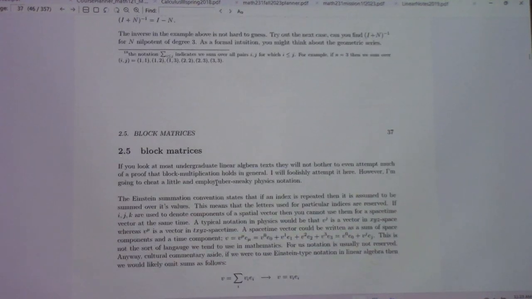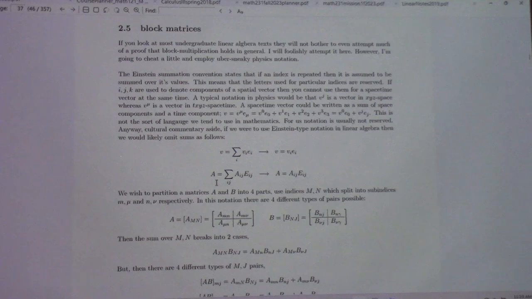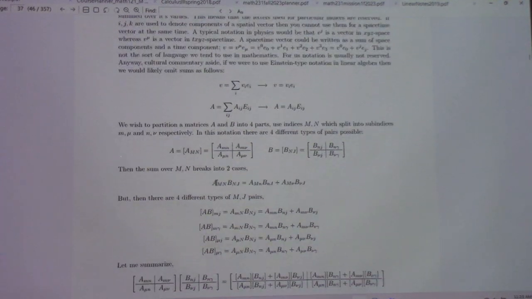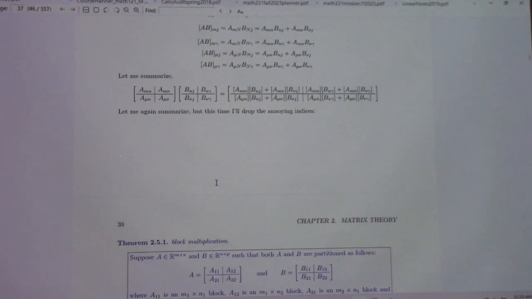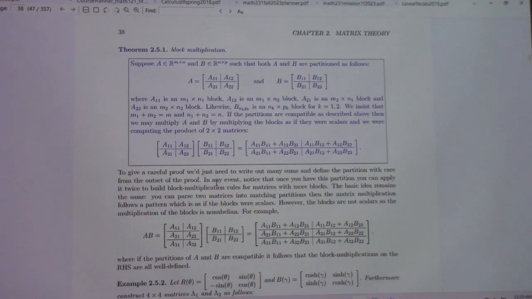Anyway, enough about that. Block matrices are important. I suppose we'll use those as we need them, but basically if you break a matrix into blocks, you can multiply block matrices as if the blocks are numbers, provided you keep the order of the blocks.